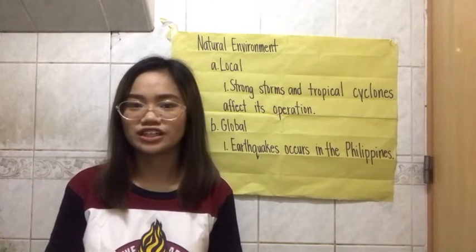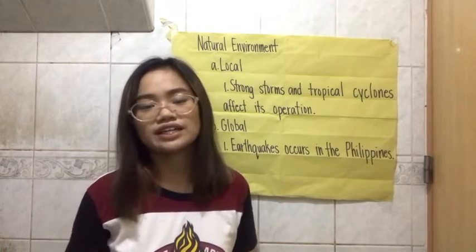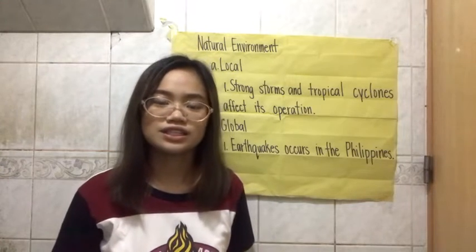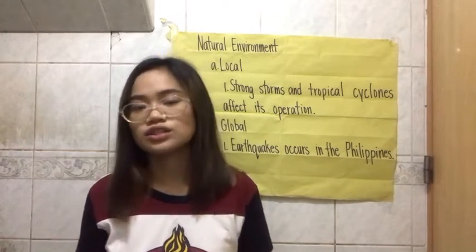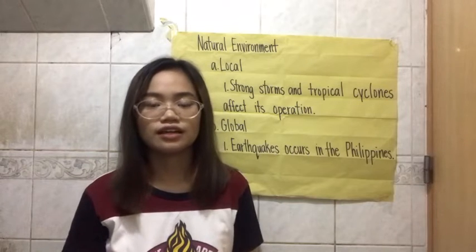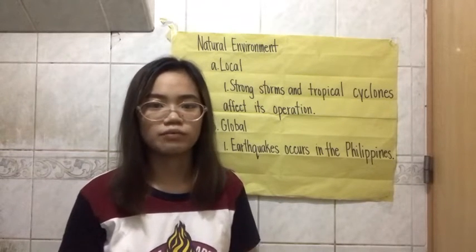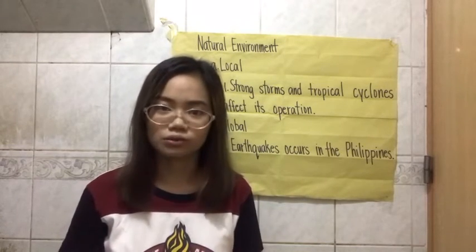Now, in a nutshell, an analysis of the external environment has three types. One is societal, two is systems, and three is tasks. So the societal environment has 5 sub-factors, namely economical, technological, legal, political, socio-cultural, and natural environment, with 2 perspectives, local and global.